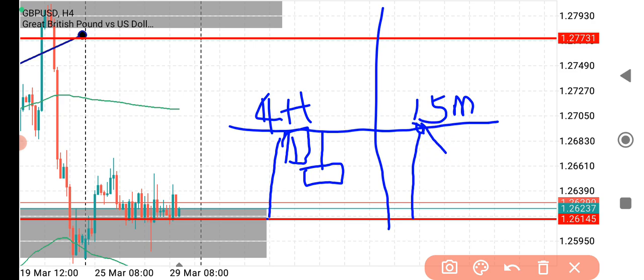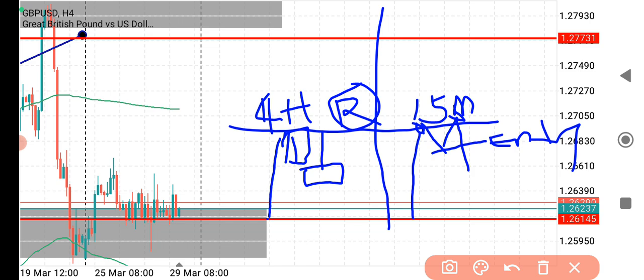Price will come, go back, and then at the break of the neckline, we will now make our entry on the M15 at this level of resistance. So this is our entry rule.